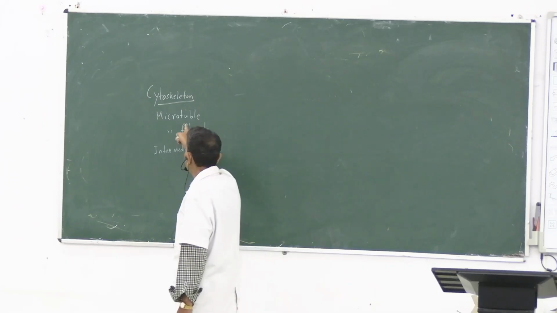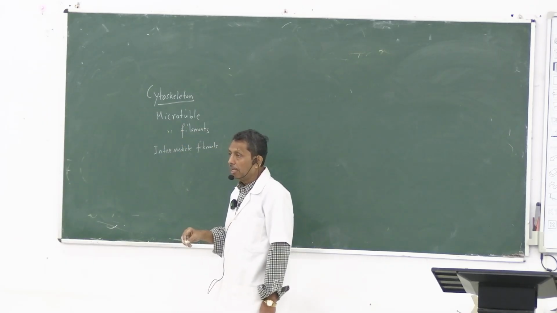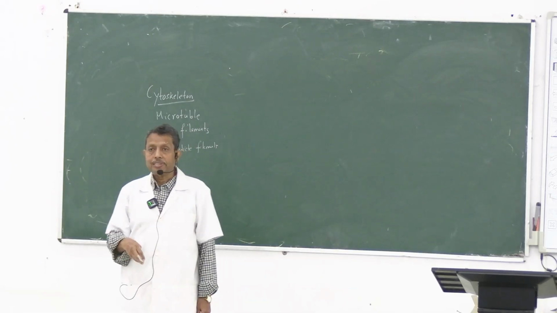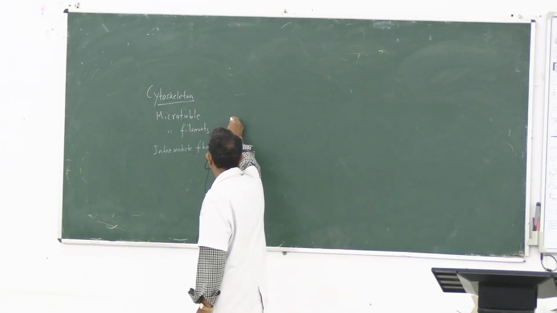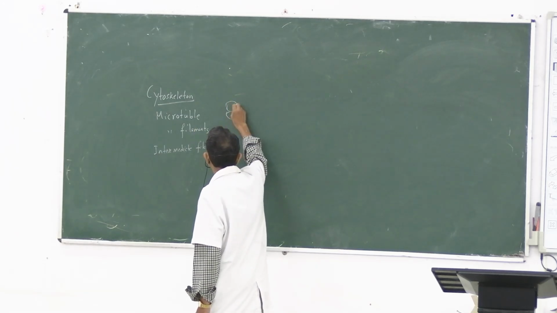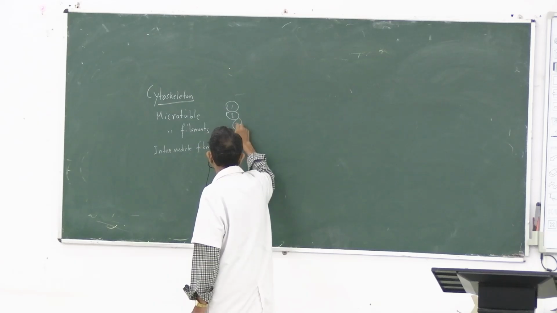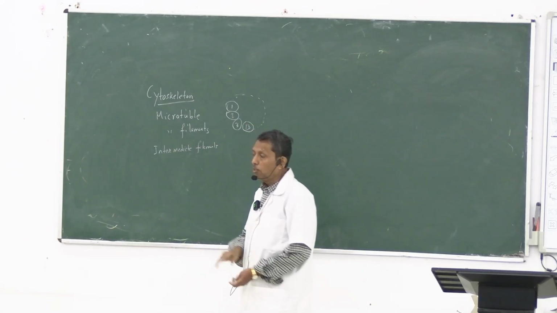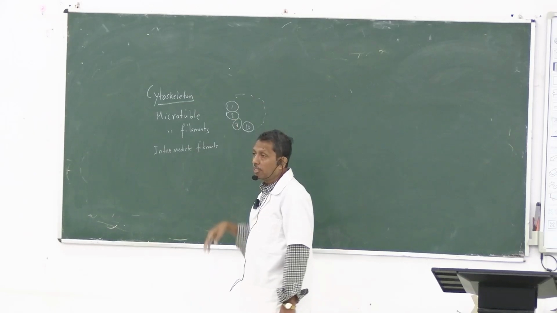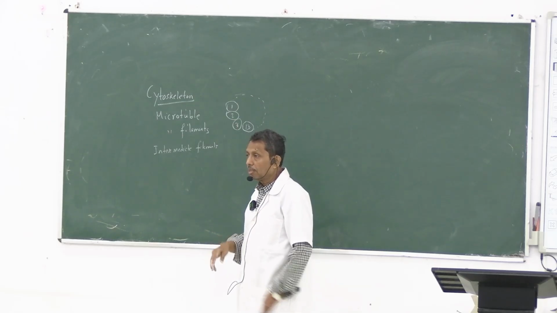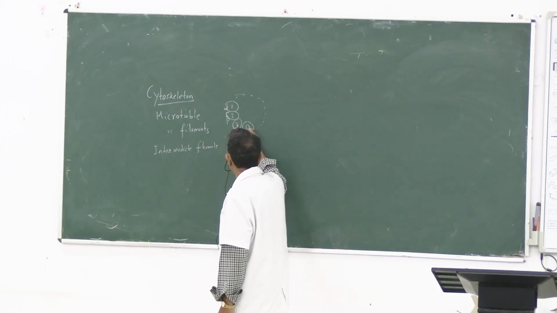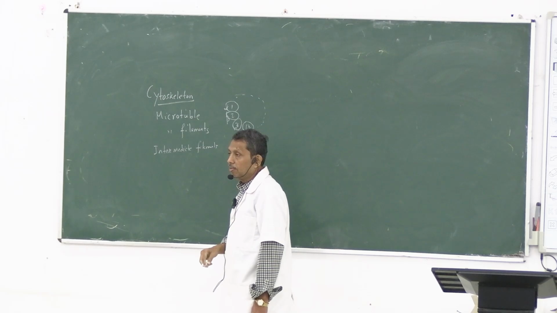Microtubules are present in almost all cells, and they are hollow tubes formed of alpha and beta tubulins. Suppose in this way, if you take a cross section, 13 or 14 subunits are there, alpha and beta.